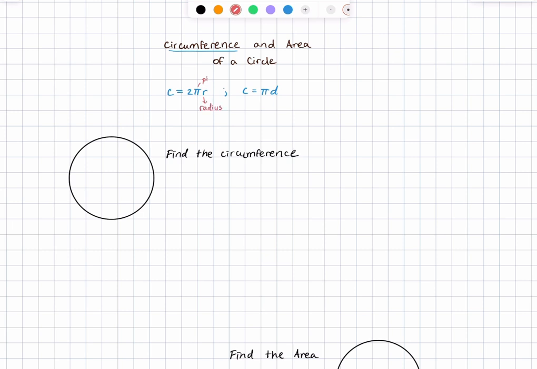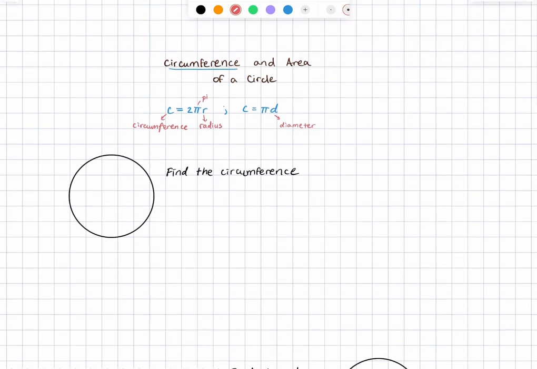C is circumference. And your alternative is pi times d, where d is your diameter, because remember, half your diameter is your radius. So you can always use either.